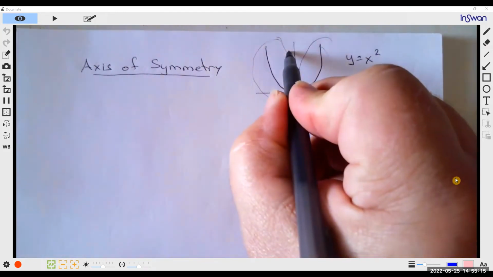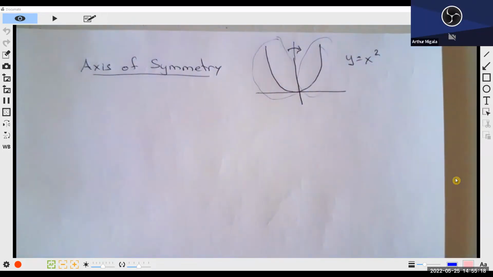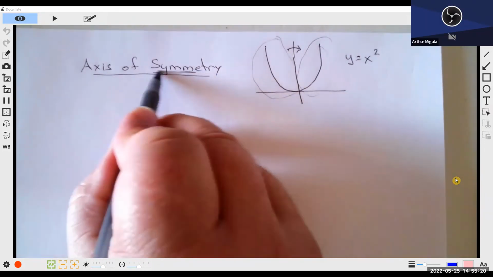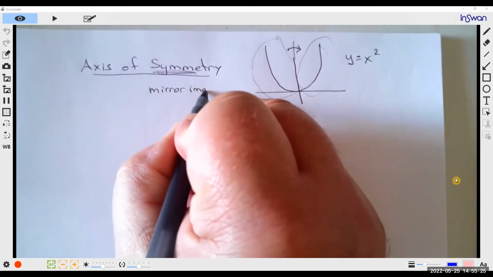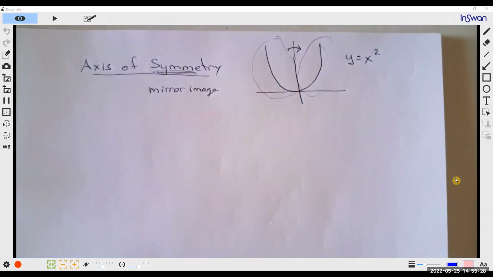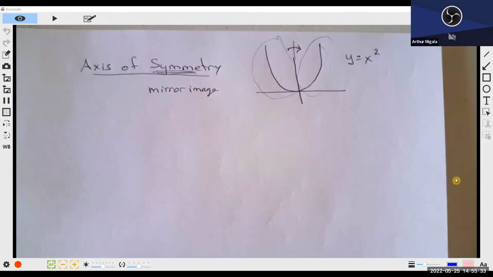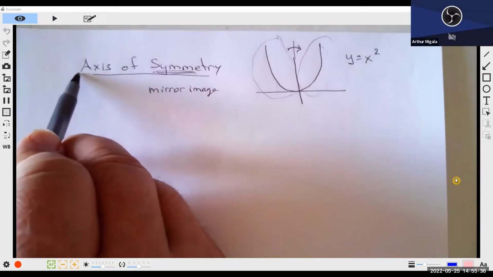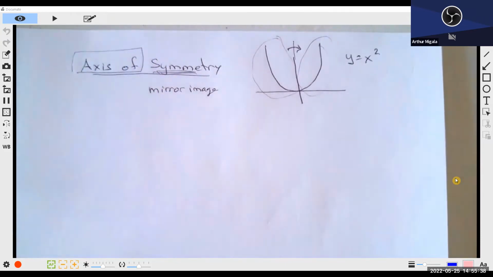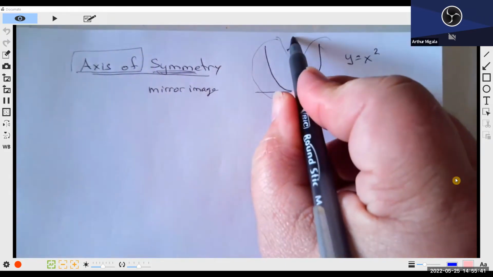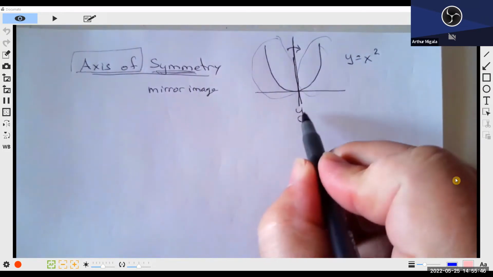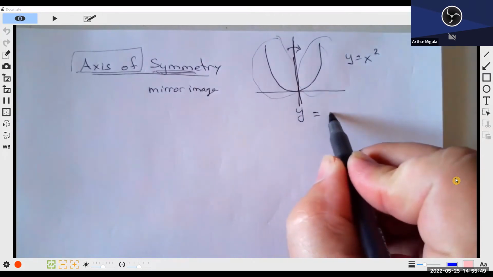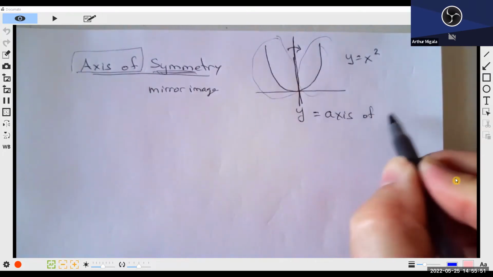We just flip it across the y-axis. That's why it's symmetric. It's a mirror image. This one's asking for the axis it flips around, which is the y-axis. So in this case, the y-axis is the axis of symmetry.